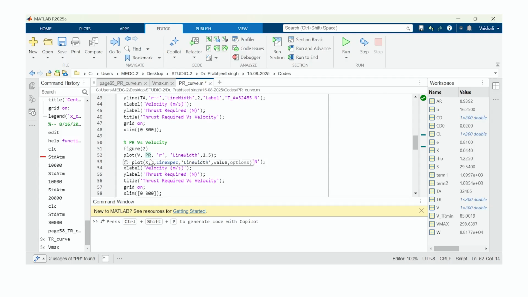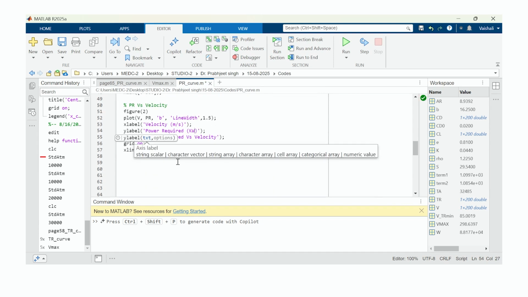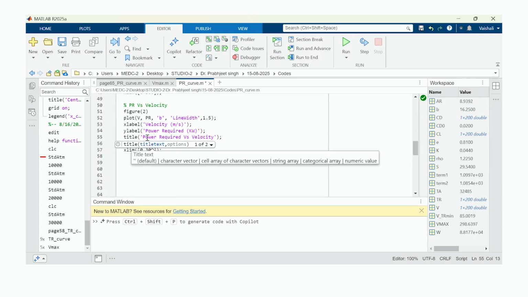Power required, let me note this by the black color. Line width is 1.5, and this we do not need now. Okay, X label is velocity, and in Y label we have power required. Power required will be in kilowatts. Okay, and in title 2 you can mention power required versus velocity.